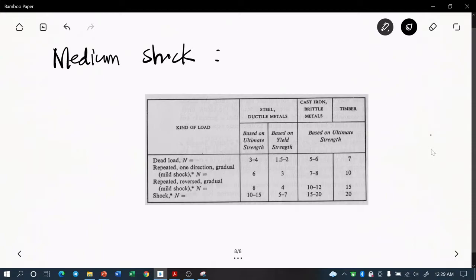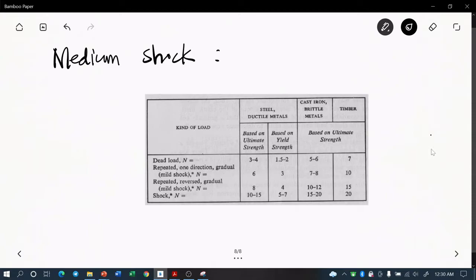So this is table 1.1. In this table, there are 4 types of loading: the dead load, the repeated or mild shock, the repeated but reversed and gradual, and the shock load.